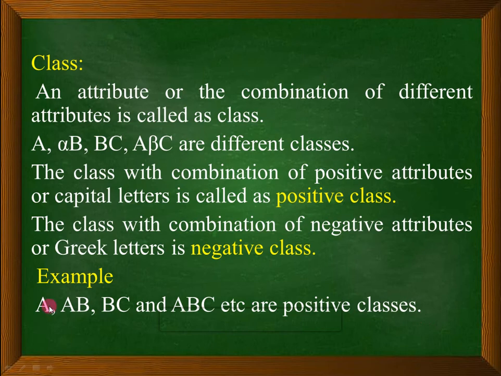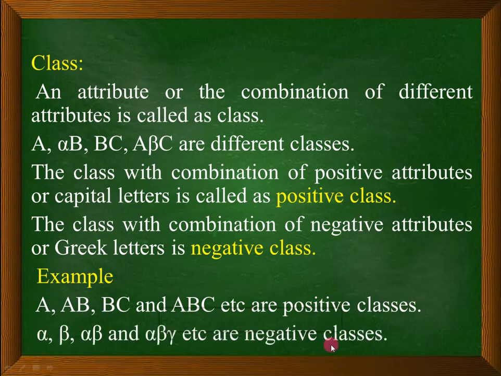They are formed by combination of positive attributes. Similarly, alpha, beta and alpha, beta, gamma etc. are negative classes. These classes are formed by combination of Greek letters or negative attributes.